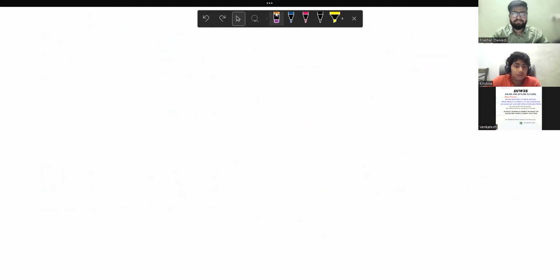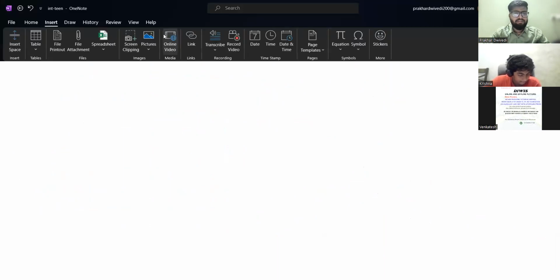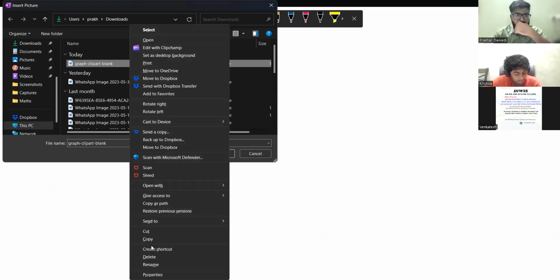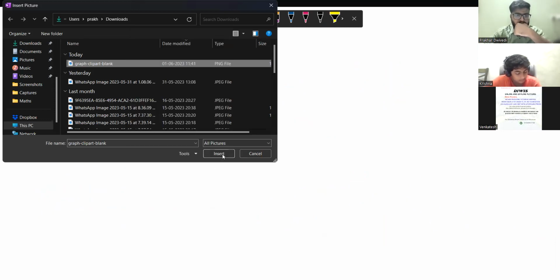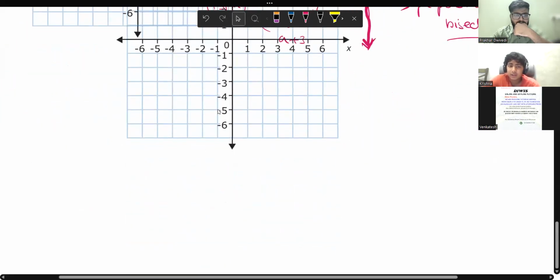Question 7. P is at negative 5, 9. Q is at 1, 2. And R is on the x-axis. Given that the triangle PQR is isosceles, find the possible coordinates of R. Isosceles means that two sides of the triangle are equal.